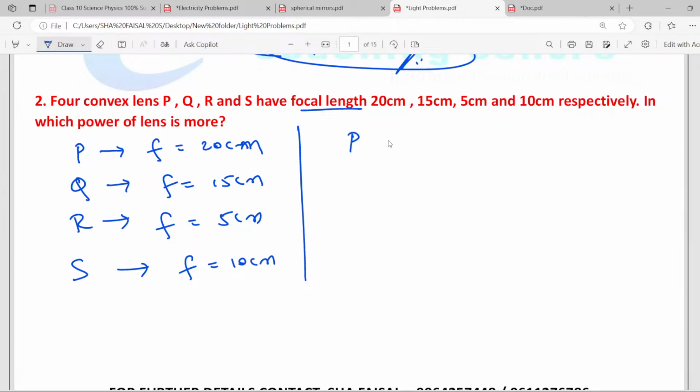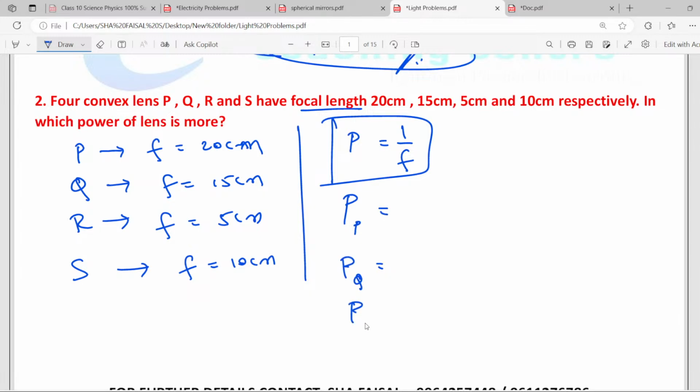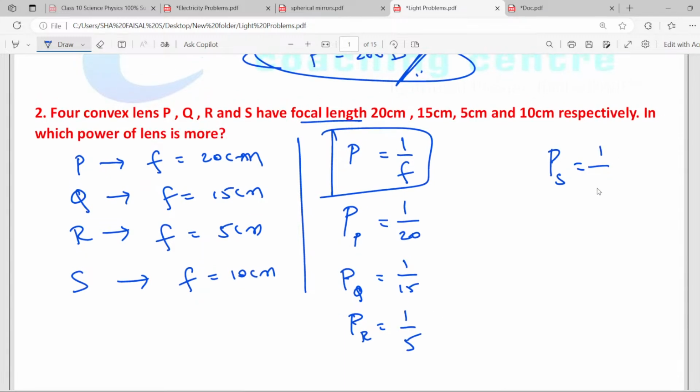So what is the power of the lens in P? We know that the power of a lens formula is P is equal to 1 by F. Correct? Just substitute the values. Power in P, how much? Power in Q, how much? Power in R, how much? Power in S, how much? 1 by 20, 1 by 15, 1 by 5 and 1 by 10.